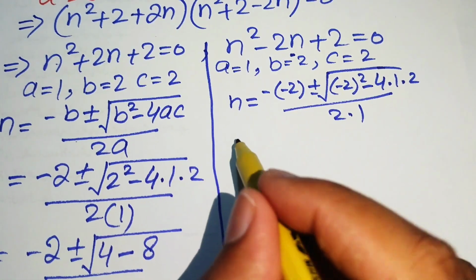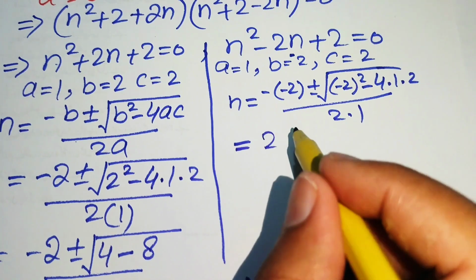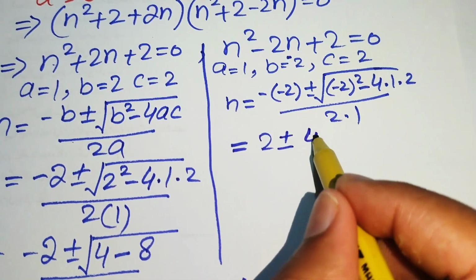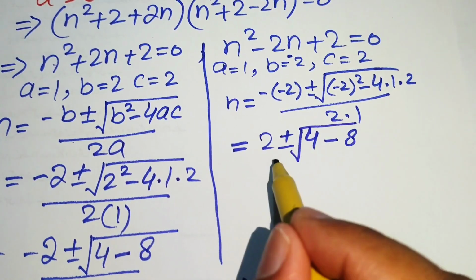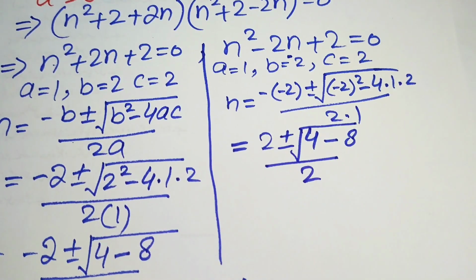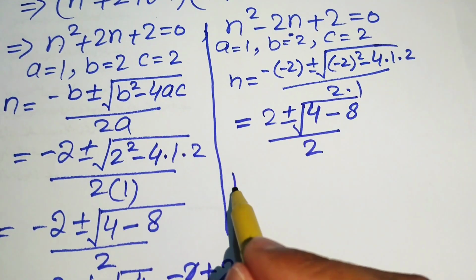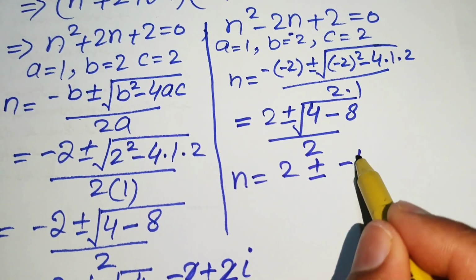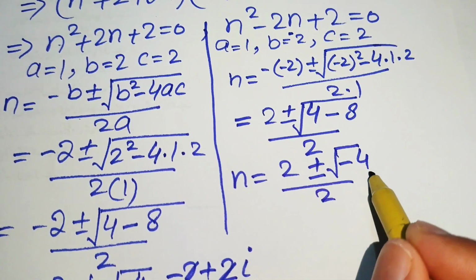And now in the next step we need simplification, so minus times of minus becomes plus 2 and plus minus, we know that minus 2 square is plus 4 minus 4 times of 2 is 8 square root divided by 2 times of 1 is 2. And here we get n equals to 2 plus minus 4 minus 8 becomes minus 4 square root divided by 2.